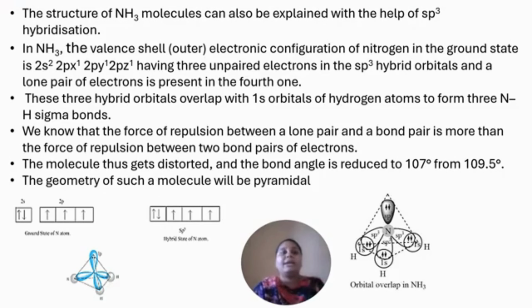The structure of the NH3 molecule is also explained with the help of sp3 hybridization. In NH3, the valence shell electronic configuration of nitrogen in the ground state is 2s2, 2px1, 2py1, 2pz1, which have 3 unpaired electrons in the sp3 hybrid orbitals and a lone pair of electrons present in the fourth one.